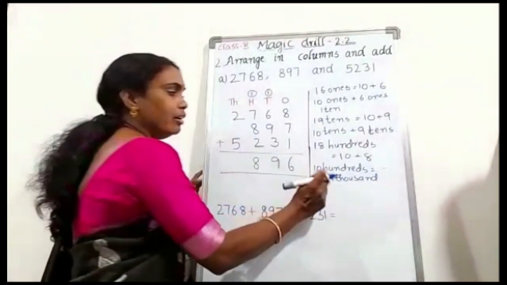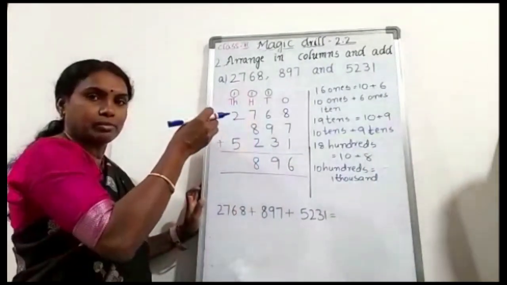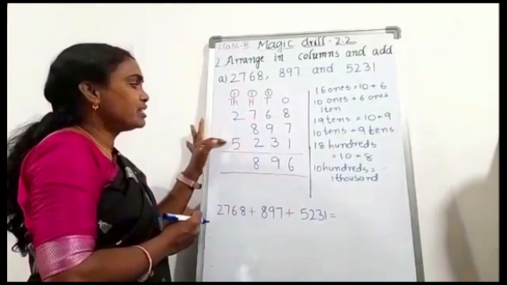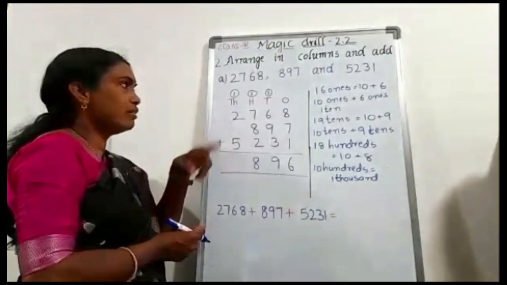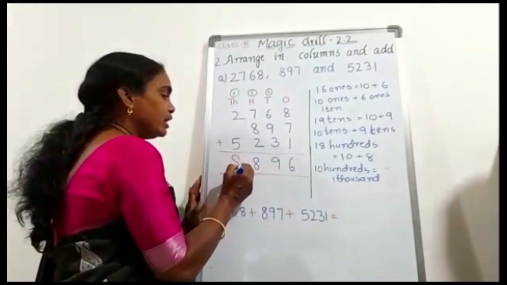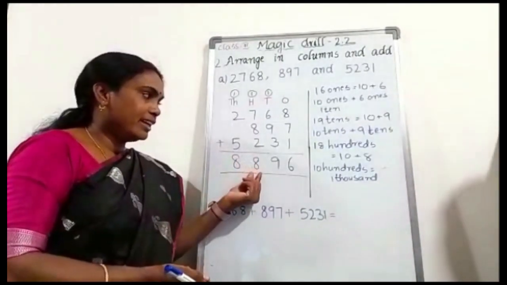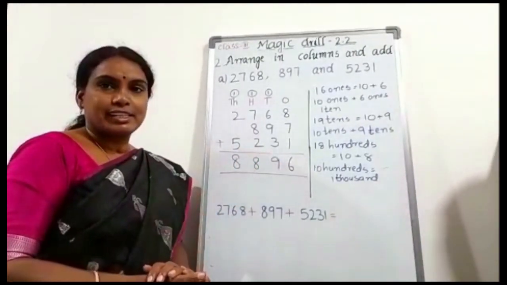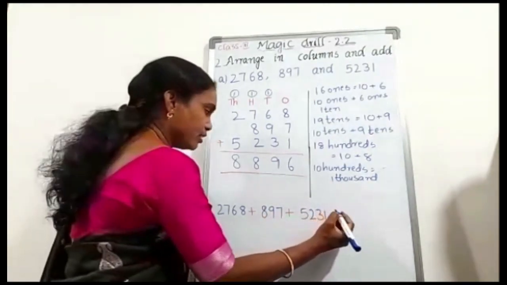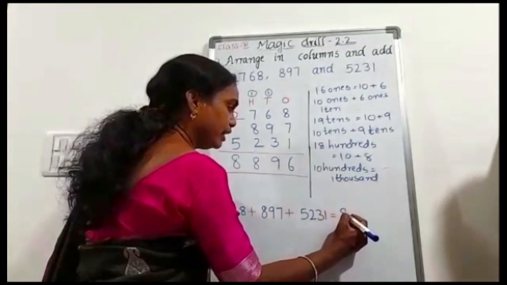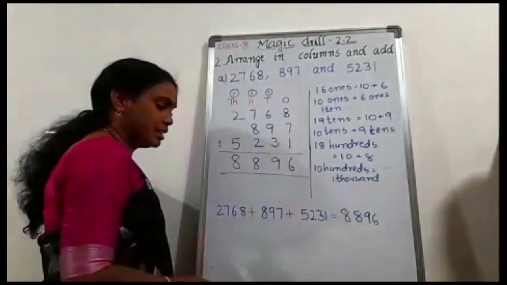Then 1 thousand we regroup to the thousands column, which means we are adding 1000 to the thousands column. 2 plus 5: 2 after 3, 4, 5, 6, 7. So 2 plus 5 is 7. 7 plus 1 is 8. So children, here 8896. Yes, this is the total. This is the answer. What answer did we get? 8896.